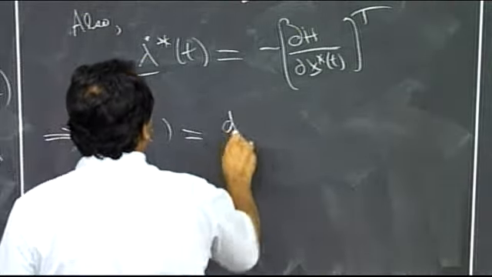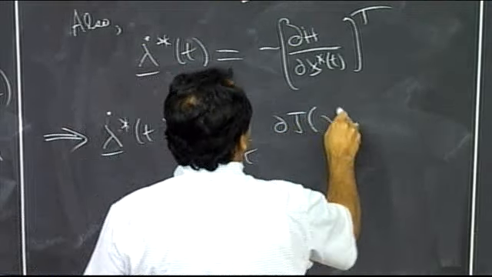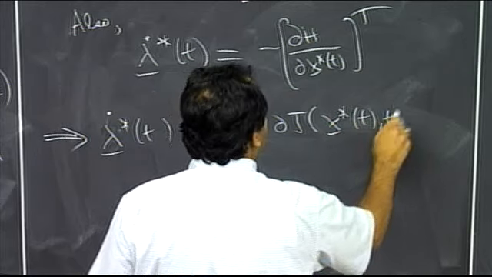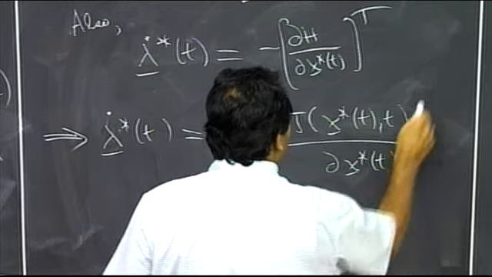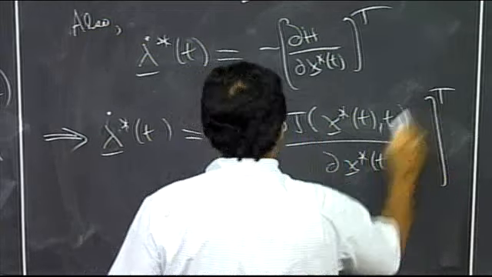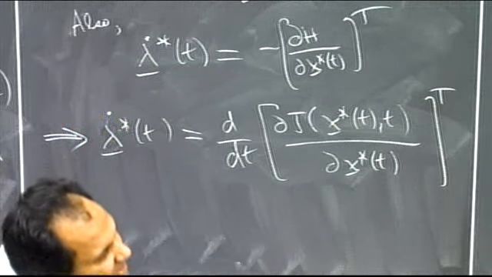It's equal to d/dt of the partial of J of x star of t and t with respect to x star of t, right? Is there a transpose in there? Let me make sure that I do this right.